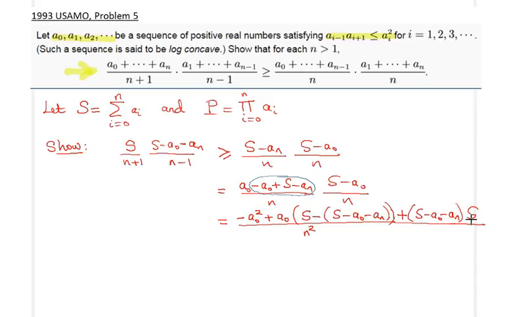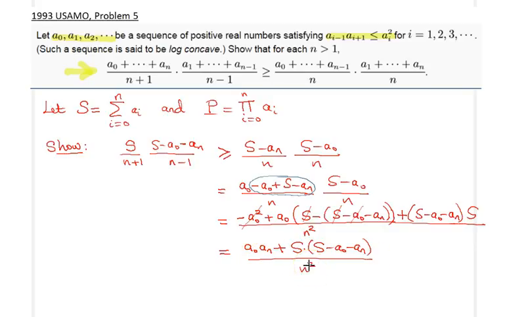This A sub 0 times minus would be plus, so this A sub 0 and this A sub 0 squared would cancel out. In addition, this S and this S would cancel out. What remains is A sub 0 times A sub n, plus this term here, S times S minus A sub 0 minus A sub n, all over n squared.